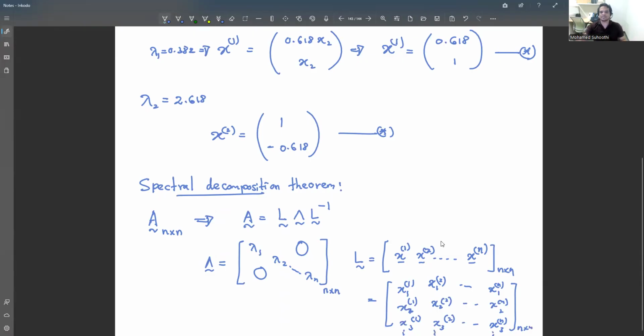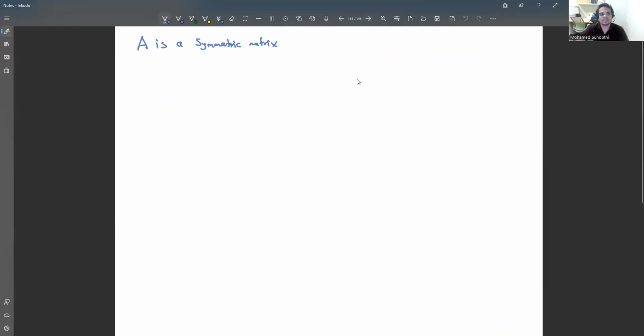If A is a symmetric matrix, then L inverse is an orthogonal matrix, so you will get L transpose. In the case of a symmetric matrix only, you can write A as L, the eigenvalue matrix, L transpose.